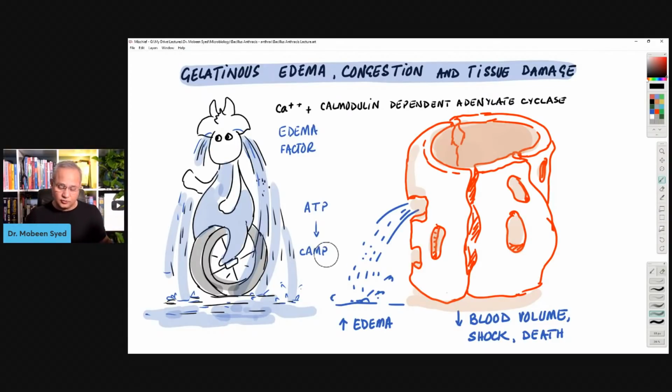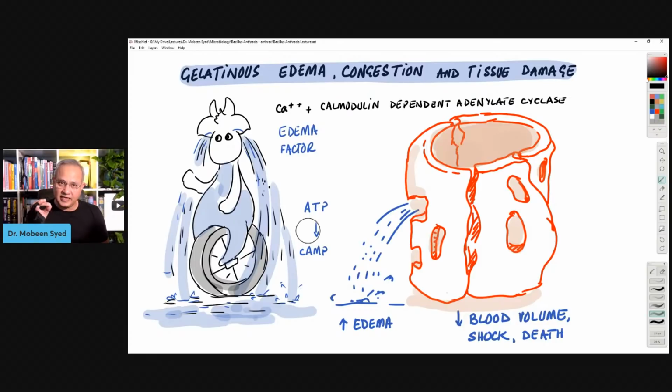Now, what does that do? The cyclic AMP, you would read that in many, many books: undergrad, grad, postgrad, and even in some studies. You would see a simple message. Whenever cyclic AMP is increased in a cell, this would cause homeostatic imbalance that would cause edema. That's it. It would stop here.